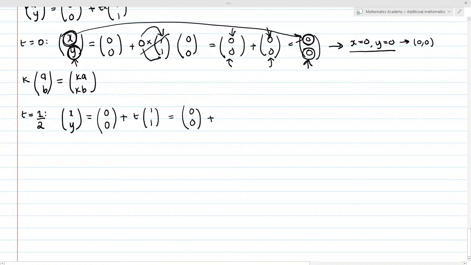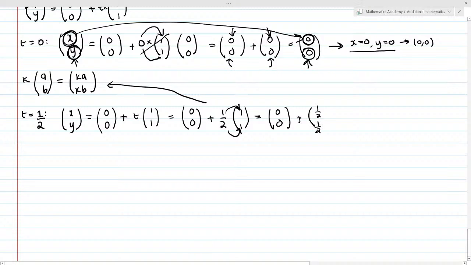That gives me (0, 0) plus 1/2 of (1, 1). Again, using this rule that we had over here, which makes sense to us, right? Because, as I said, we can think about doing multiple steps as just doing one big step. So in this case, we distribute the 1/2 into the top and the 1/2 into the bottom. And so it gives us (0, 0) plus 1/2 at the top, because 1/2 times 1 is 1/2.